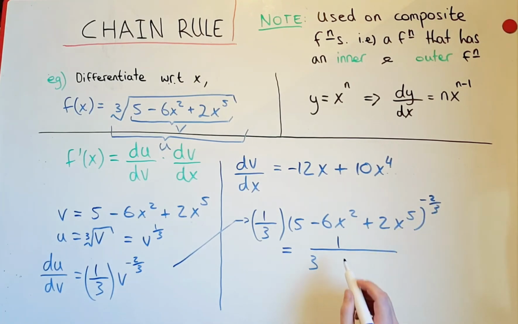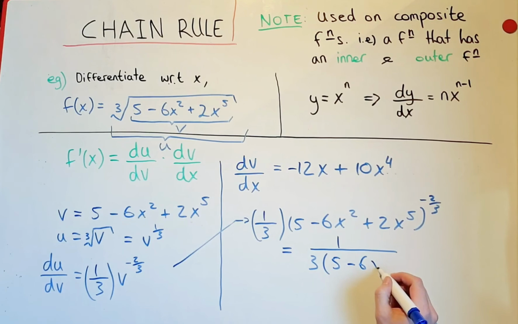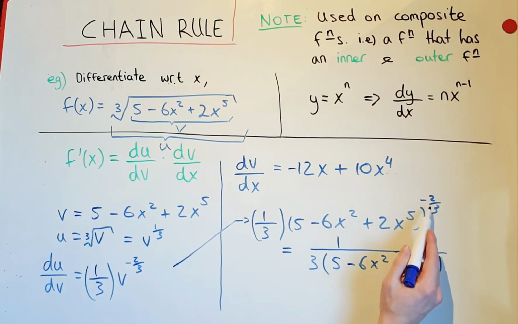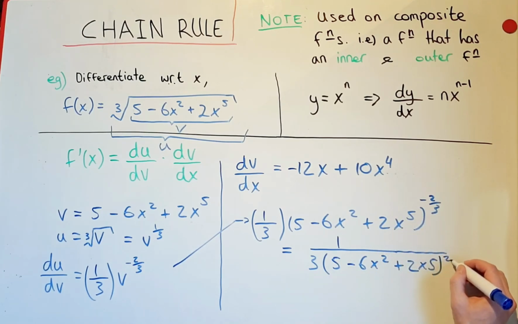So all we need to do now is multiply this 3 by the polynomial 5 minus 6x squared plus 2x to the 5. And now that it's in the denominator, this minus 2 over 3 changes to just 2 over 3. Alright, so this cleaned up is 1 over this expression here.